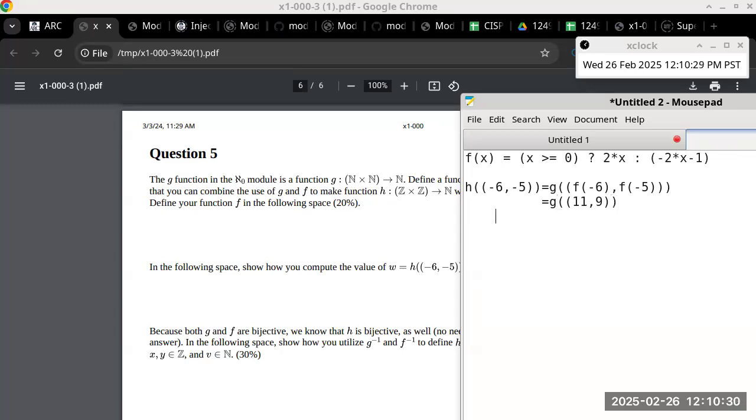Now you have to look up what the g function is. The g function is described in the aleph null module.